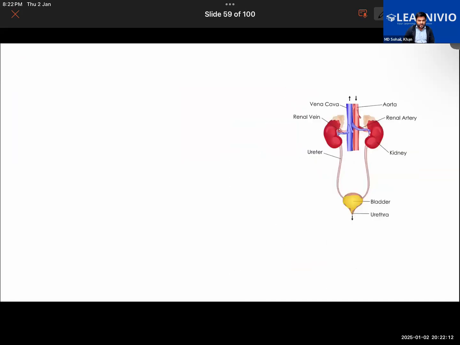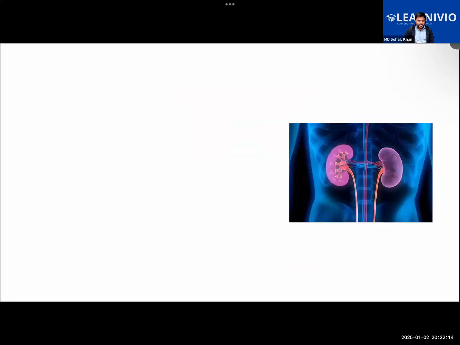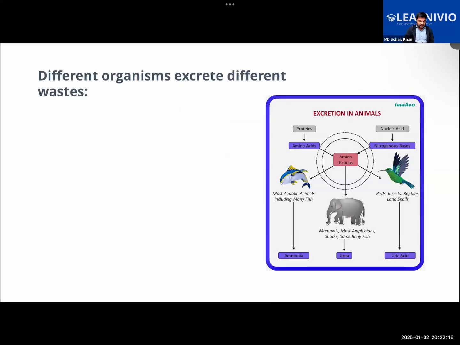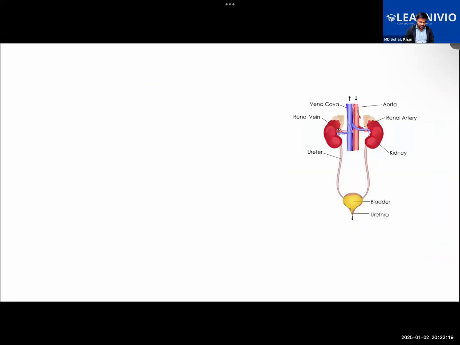What basically happens? The blood that comes to the kidney, the waste materials from the blood, like urine, is filtered out. After purification, the blood goes back to the body.